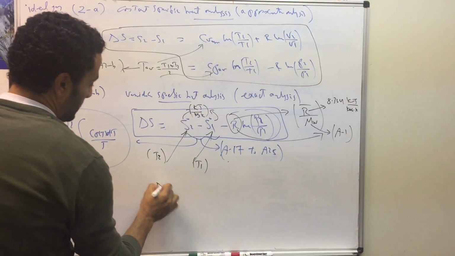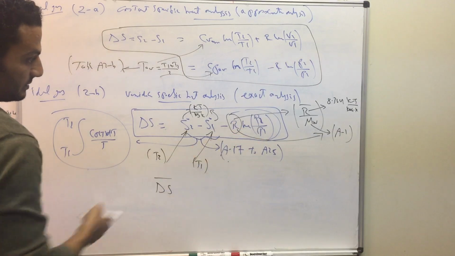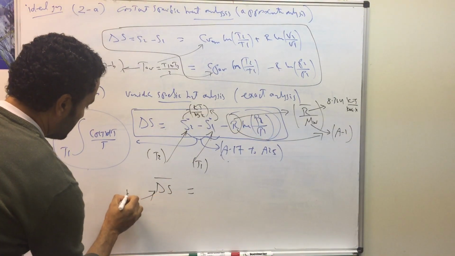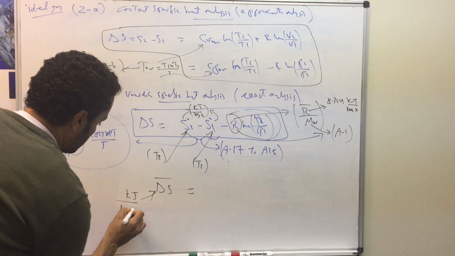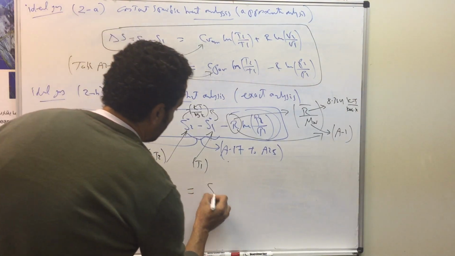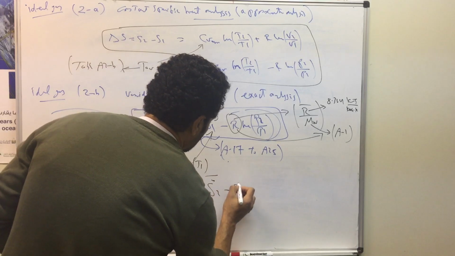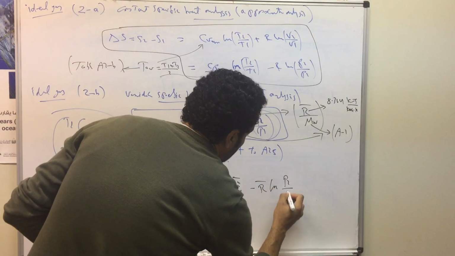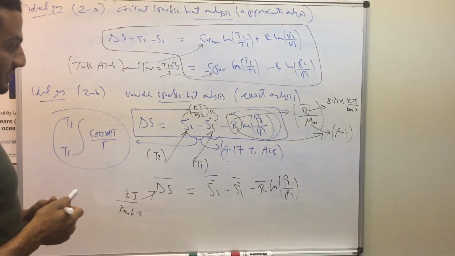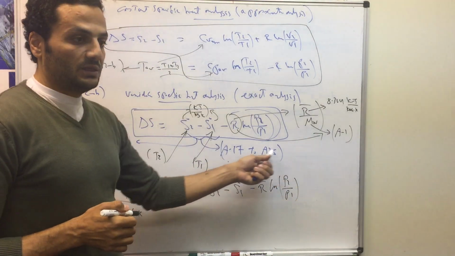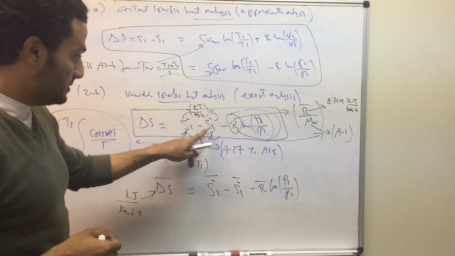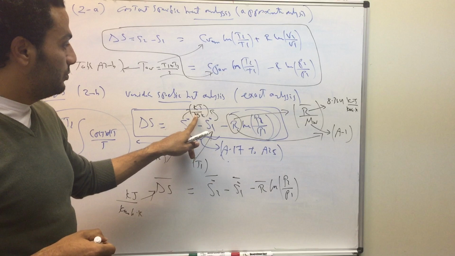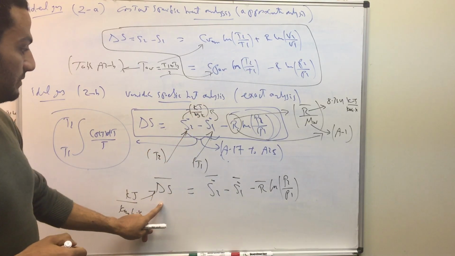So if you use tables from A18 up to A25, you will be calculating delta S per kilomole, in kilojoule per kilomole Kelvin. It will be s bar naught 2 minus s bar naught 1 minus R bar ln P2 over P1. What I mean is, starting from table A18 up to table A25, this value s naught 2 minus s naught 1 is given in the table per kilomole, not per kilogram. So in this case I have to use this equation.